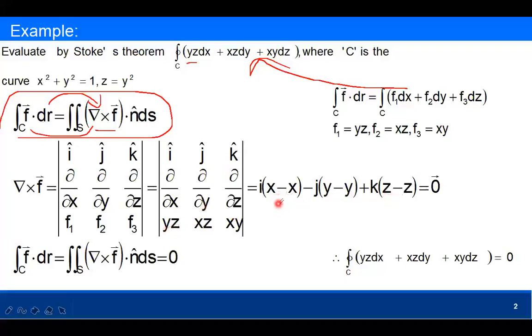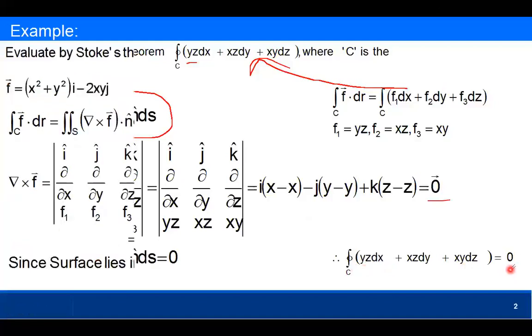Therefore 0i plus 0j plus 0k, so that is the 0 vector. So the double integral of del cross f dot n ds over the surface S, substituting del cross f equal to 0, has total value 0. Therefore the integral of yz dx plus xz dy plus xy dz over the curve C equals 0.